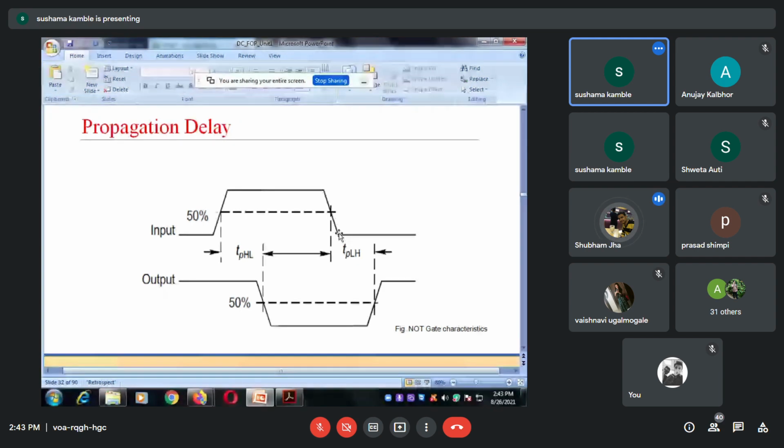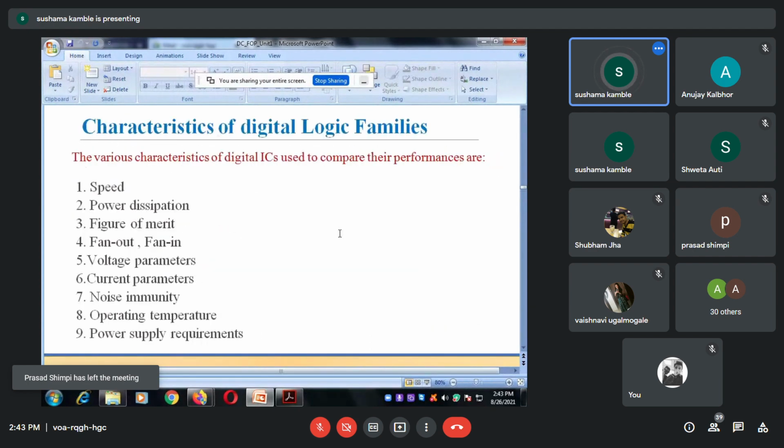Speed, power dissipation, fan out, fan in, voltage parameter, current parameter. Very good. All these nine parameters we studied: speed, power dissipation, figure of merit, fan out, fan in, voltage parameters, current parameters, noise immunity, operating temperature, and power supply requirements.